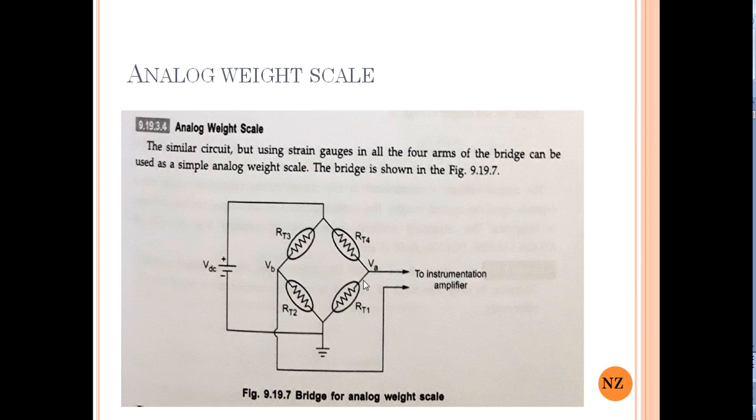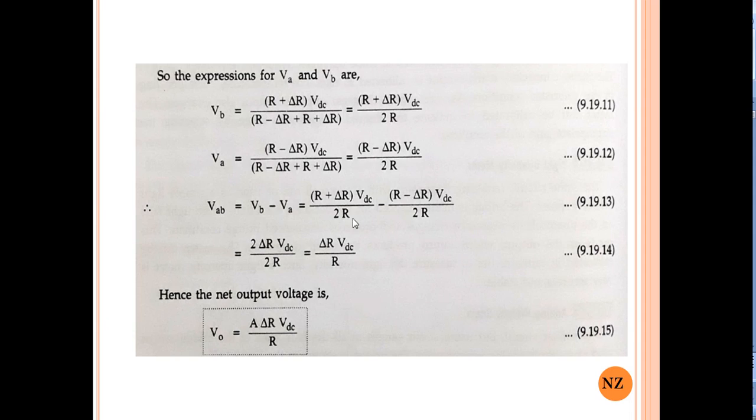VA is equal to R plus delta R into VDC divided by the total resistance. What is the total resistance? R minus delta R plus R plus delta R. So there is some increase, there is some decrease in the resistance value. So again that will be simplified to this particular equation.